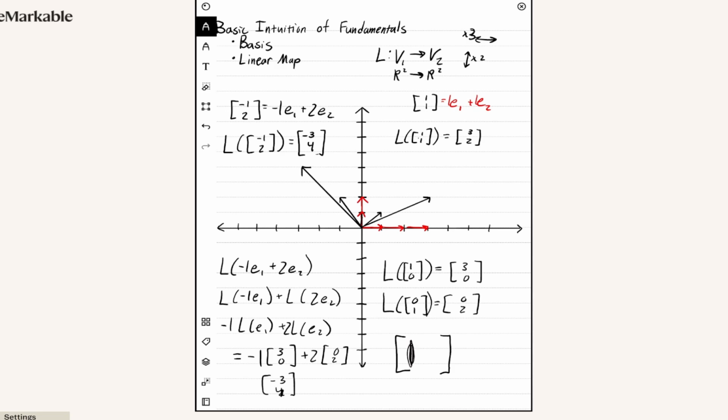This column of the matrix corresponds to the first basis vector, and this one corresponds to the second basis vector. It corresponds to the output of what happens when you do the linear map on this vector. So when you do the linear map on E1, you get 3, 0 right here. So this side is going to be 3, 0. And when you do the linear map on this basis vector, you get 0, 2. So this one is going to be 0, 2.